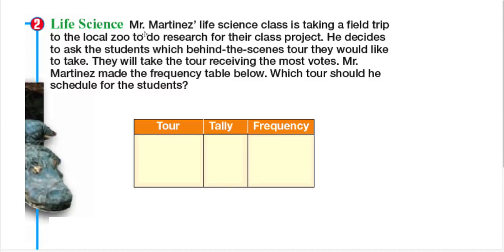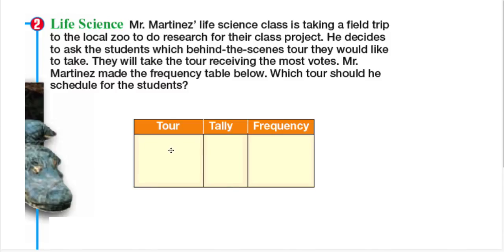Mr. Martinez's life science class is taking a field trip to the local zoo to do research for their class project. He decides to ask the students which behind-the-scenes tour they would like to take. They will take the tour receiving the most votes. Mr. Martinez made a frequency table below. Which tour should he schedule for the students?